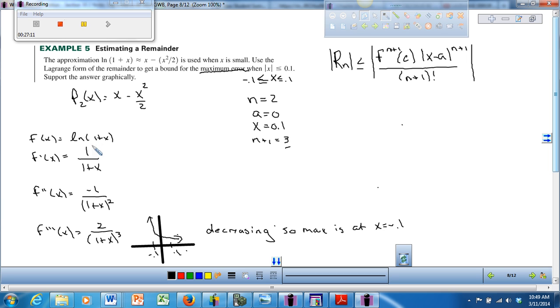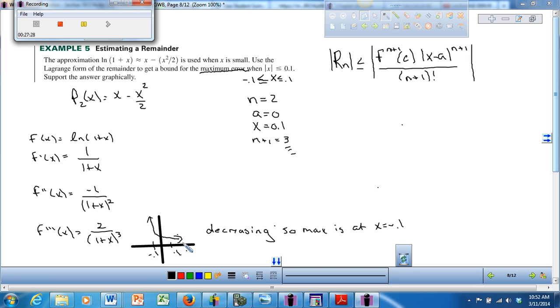So over here on the left, I have my function. I have the first derivative, second derivative, third derivative. So is that how you got your c? That's how I got my c. So looking at my third derivative, it's 2 over 1 plus x cubed. If I look at that graph in the interval that we're interested in, negative 0.1 to 0.1, it is strictly decreasing.